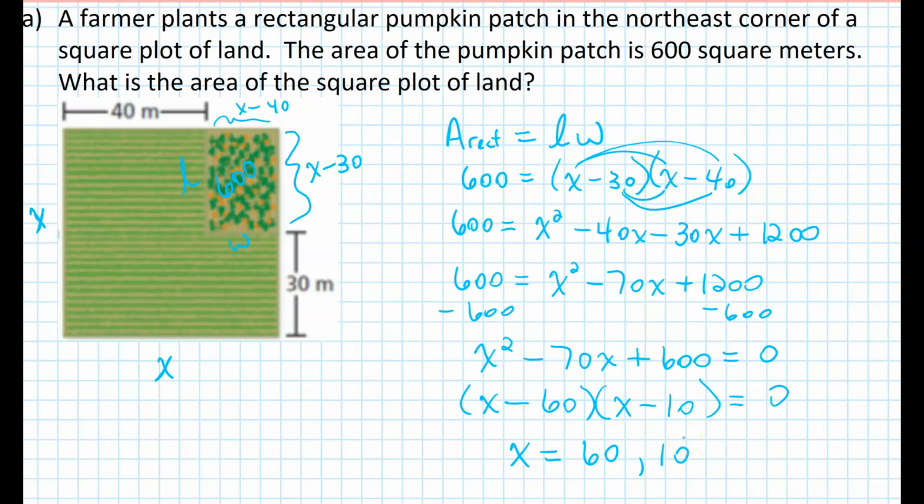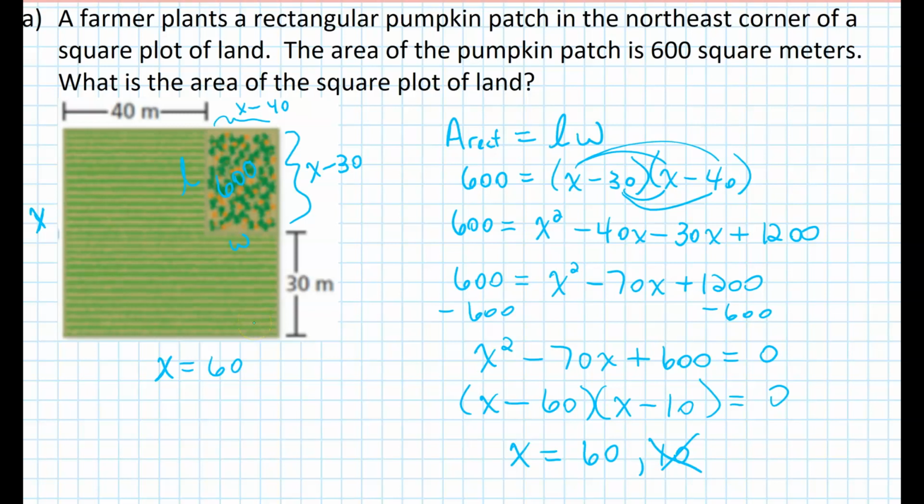Which one is it? If I plug in 10, I'm going to get 10 minus 30. Can you have a negative length or width? No. So we know it cannot be 10. So x must be equal to 60.